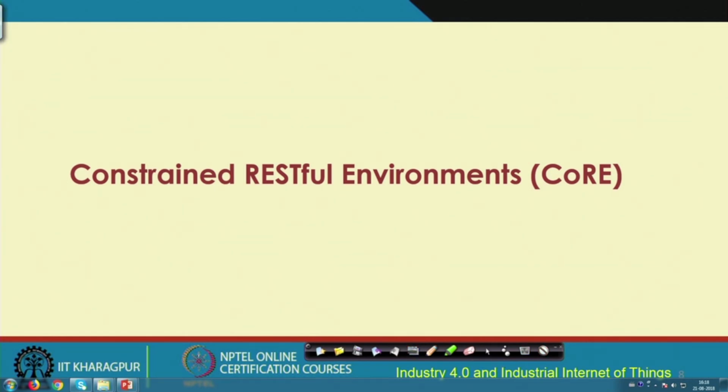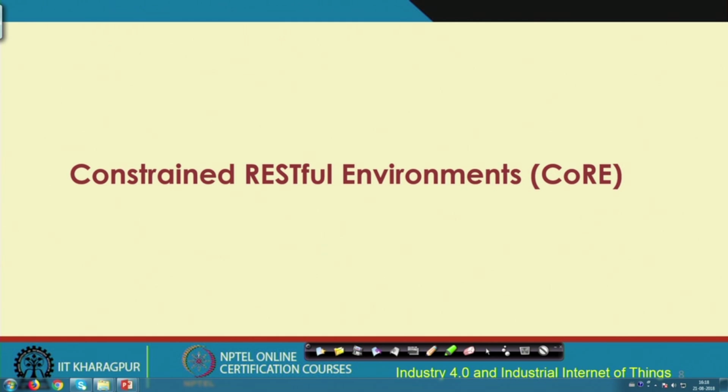So, we were talking about CoRE, right. So, we saw that there are different IETF initiatives on supporting IoT over existing internet, and let us talk about CoRE, the full form of which is constrained RESTful environment. So, as you can see over here, REST is an acronym.